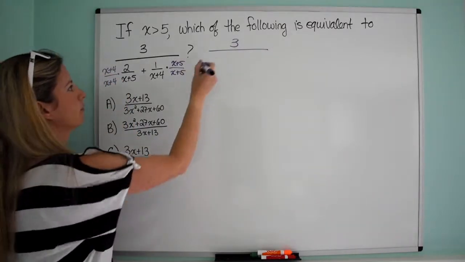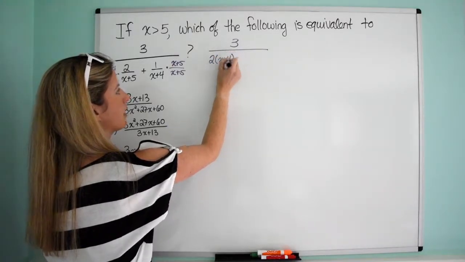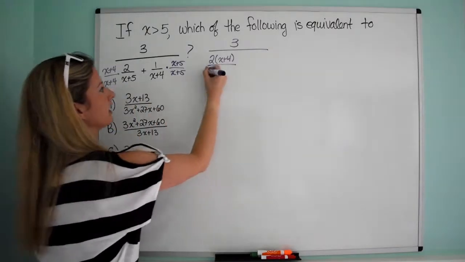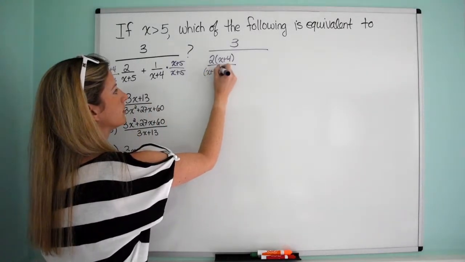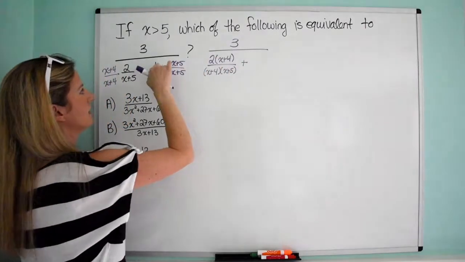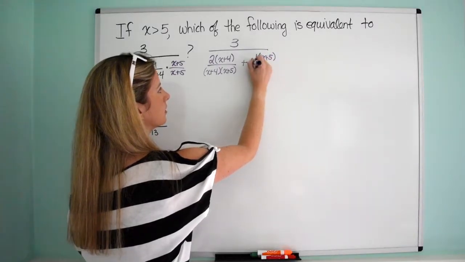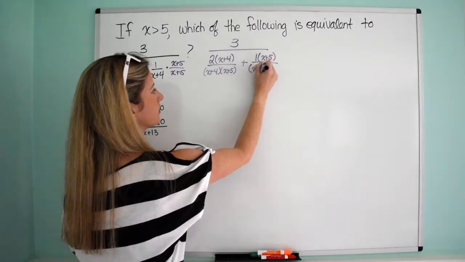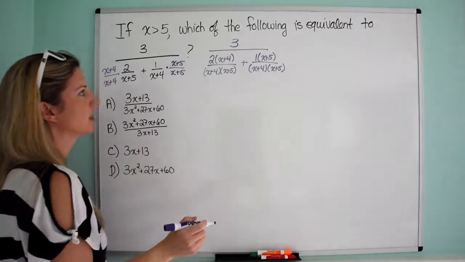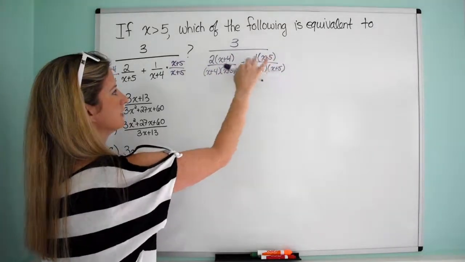So now it becomes 2 times x plus 4, because remember it's 2 times that quantity, over x plus 4 times x plus 5, plus 1 times x plus 5 over x plus 4 times x plus 5. Perfect. Now let's simplify the numerators in these two fractions.